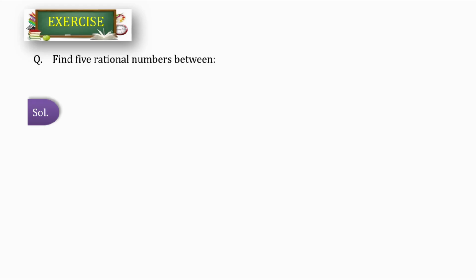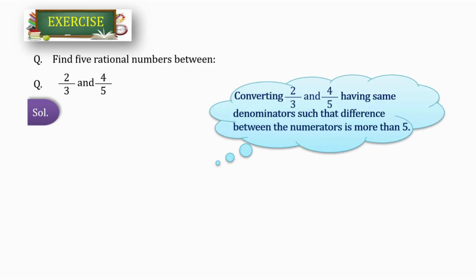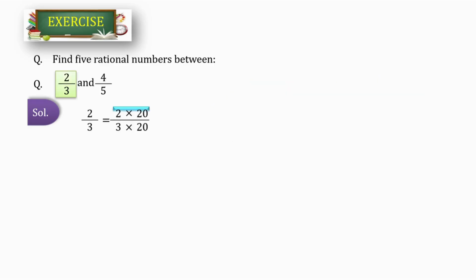Find 5 rational numbers between 2 by 3 and 4 by 5. Again, converting 2 by 3 and 4 by 5 to have the same denominators such that the difference between the numerators is more than 5. So here we have considered a bigger number. We are multiplying with 20. So anyways, we will get a big number.